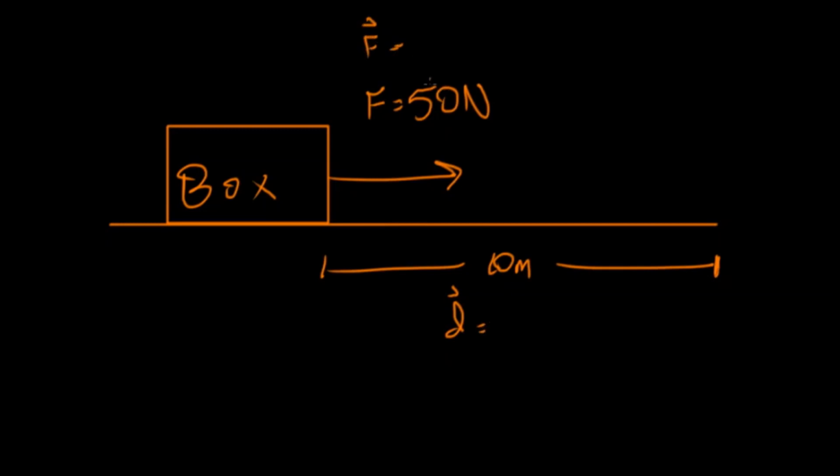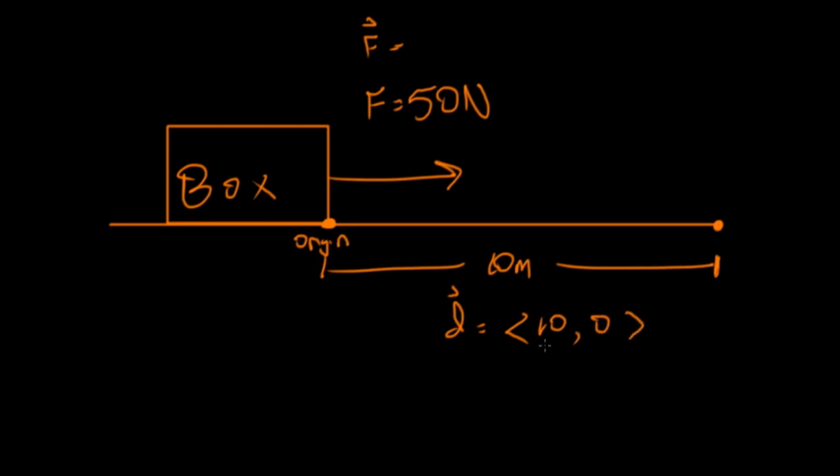What are they? Well, this displacement is going to be 10 meters to the right, so I'm going to describe it using the coordinate system as if this were my origin right here. And this is my final destination. So the displacement vector is going to be 10 to the right, 0 up.